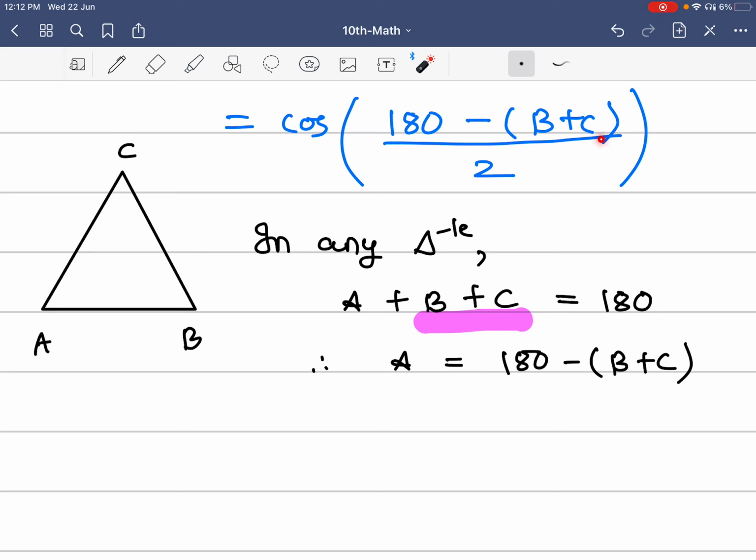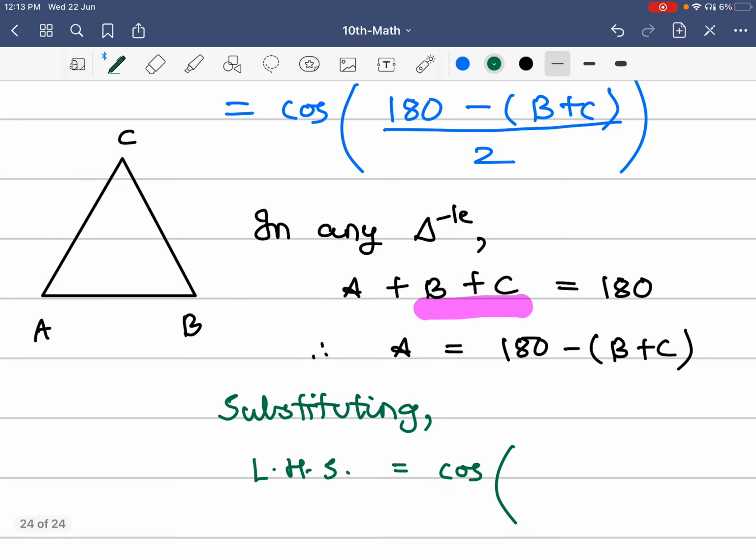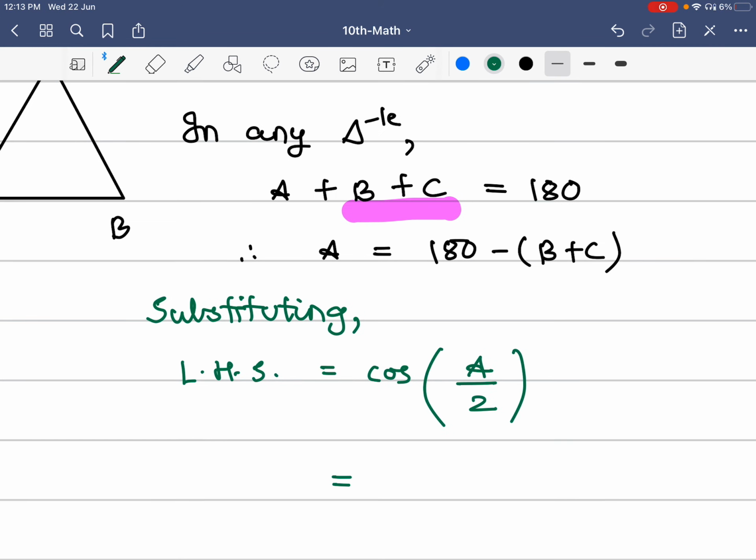So I am going to substitute this here. That was our left hand side, by the way. So left hand side will be equal to cos of, now 180 minus (B plus C) is equal to A, so that is going to be A the whole divided by 2. And this cos of A by 2 is nothing but our right hand side.